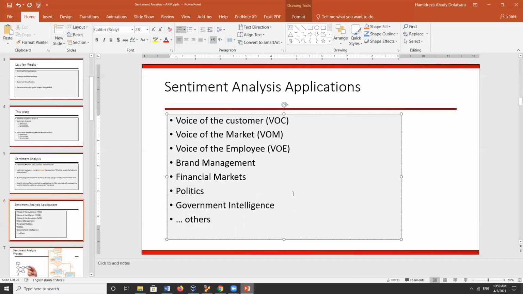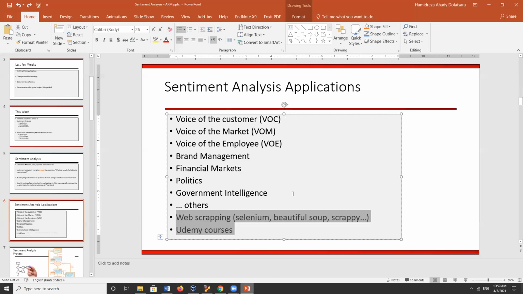Yeah, getting data is very important in such a case. But let me just get back. So let's say you have an application with Selenium and Beautiful Soup, and you read news about some companies or some events. Having positive or negative sentiment may give you an idea of what could happen in the next 20 minutes.